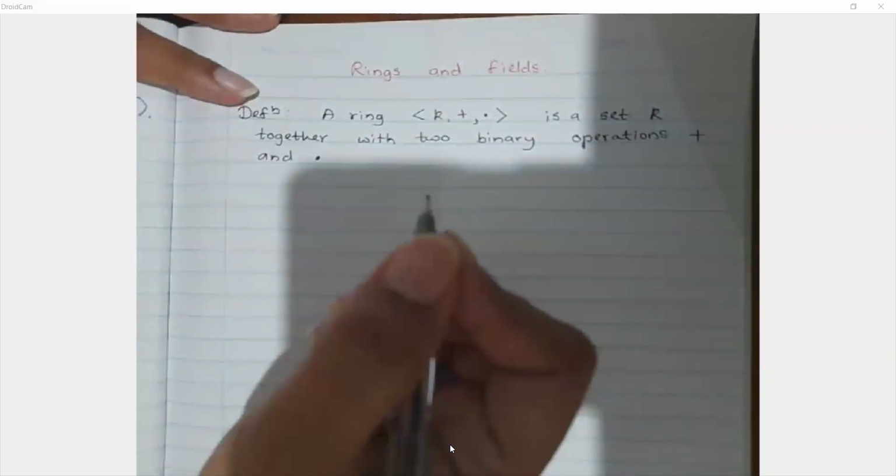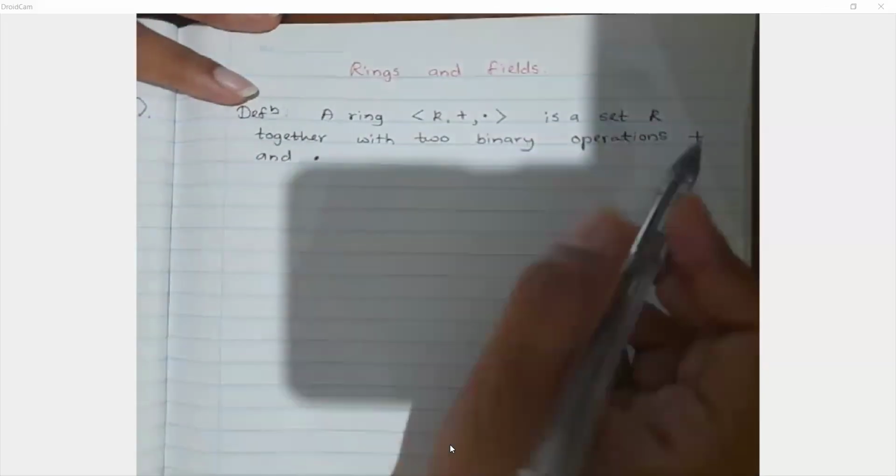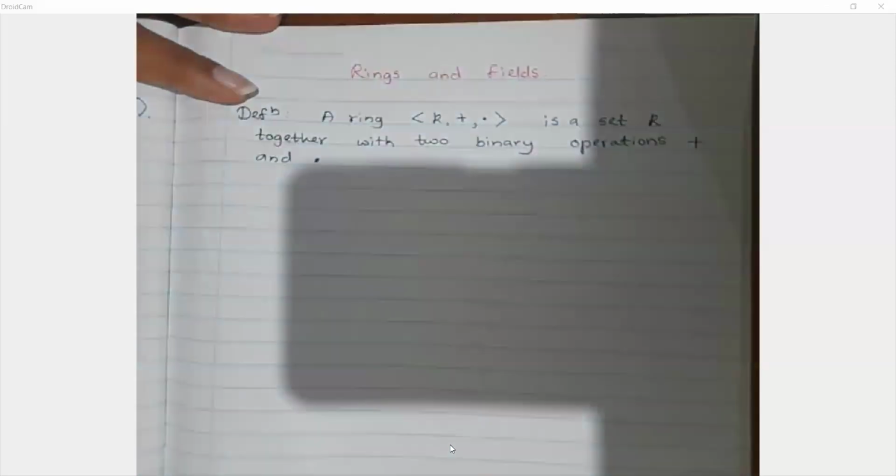We simply call them two binary operations denoted by plus and this dot. We usually call them addition and multiplication, right?